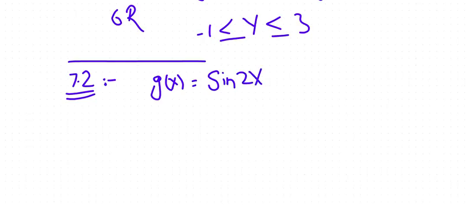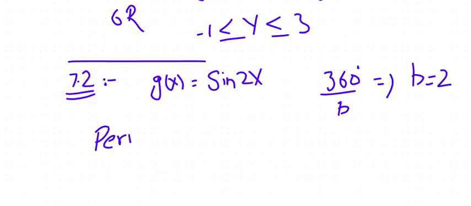The period is calculated as 360 by b, where b equals 2. So the period of g is 360 by 2, which is 180 degrees.